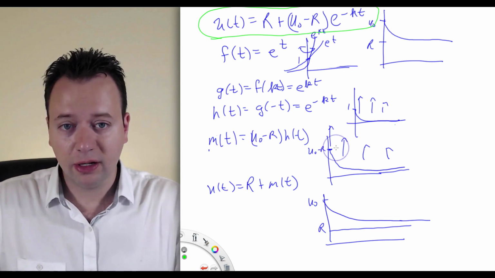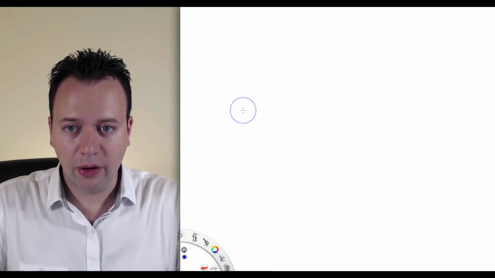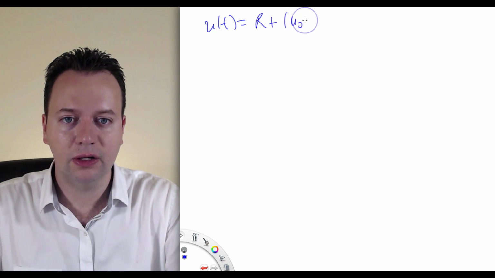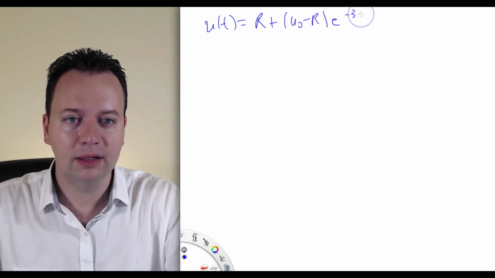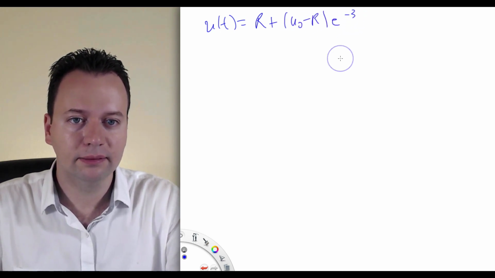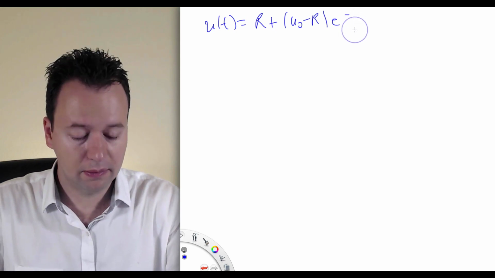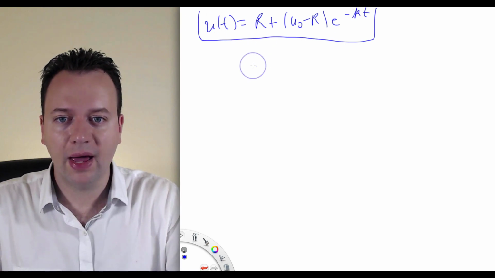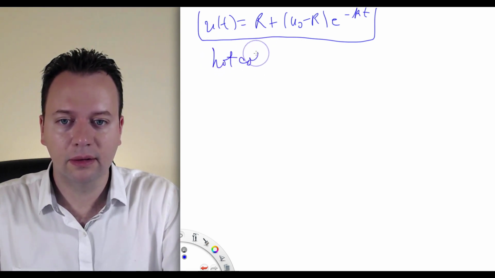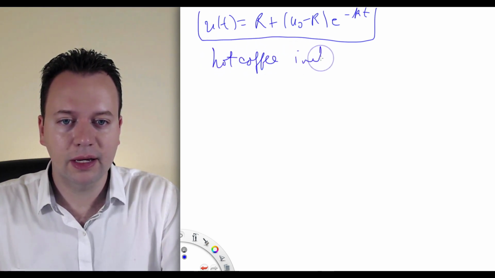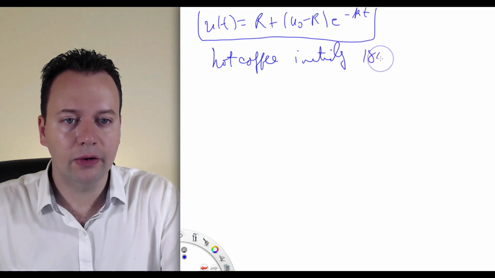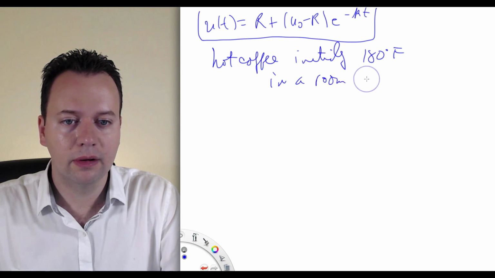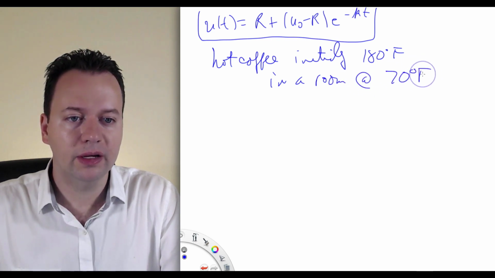So now let's actually do an example with this. u of t was r plus u0 minus r e to the minus kt. Okay, so we have a hot cup of coffee. Initially 180 degrees, and then it's in a room that's 70 degrees.